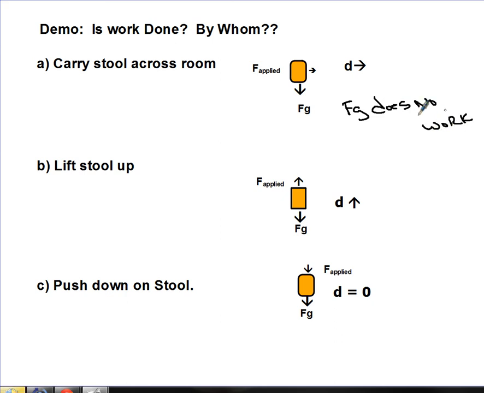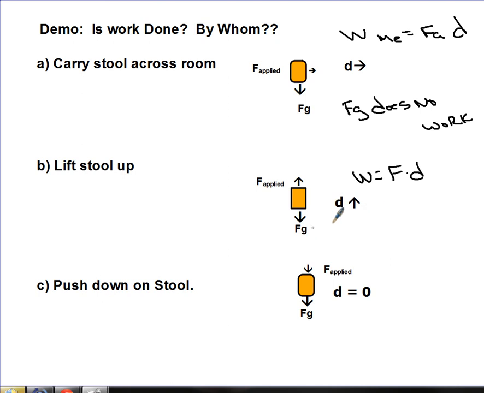However, the work done by me is going to be my applied force times my displacement. What if I lift a stool up? Well, my applied force is in the same direction as my displacement, so my work is going to be positive.